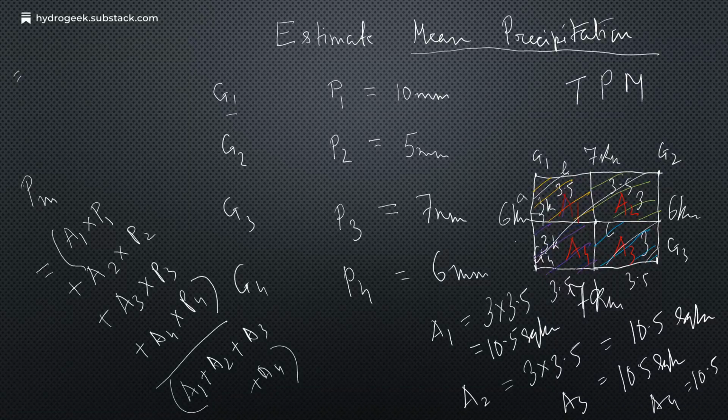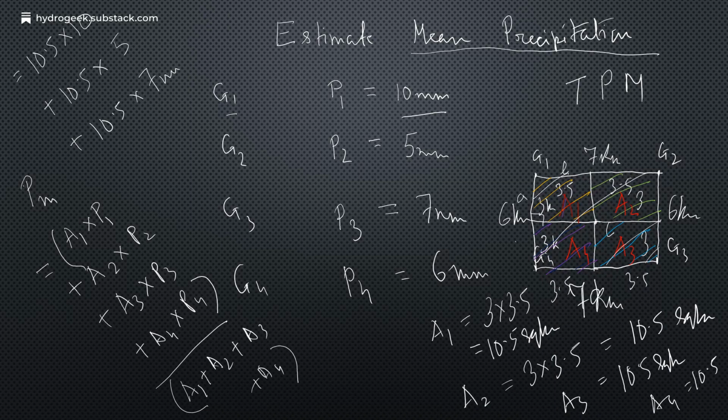So now what you will do: A1 is 10.5, multiply with P1. P1 is 10, plus 10.5, multiply with P2, 5. And again plus 10.5 into this one, 7 millimeter.